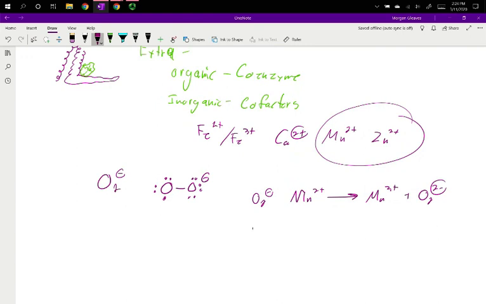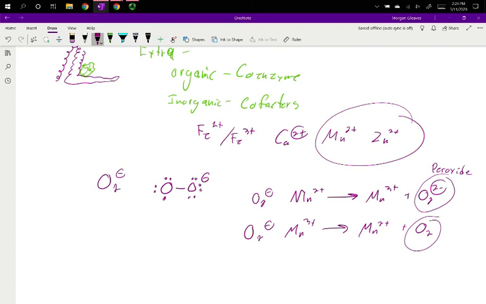The next time one comes by, it runs into that 3+, reacts with it, and the manganese steals the electron, which releases just regular oxygen. And so we're used to regular oxygen. O2 2-, this is peroxide. And our body's actually used to that. That's more stable.